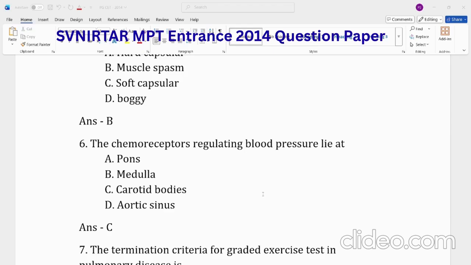And here is why the other options are incorrect based on standard anatomical definitions. The aortic sinus contains baroreceptors, which specifically monitor stretch and blood pressure changes, rather than chemoreceptors, right?